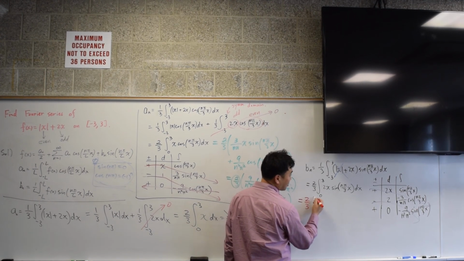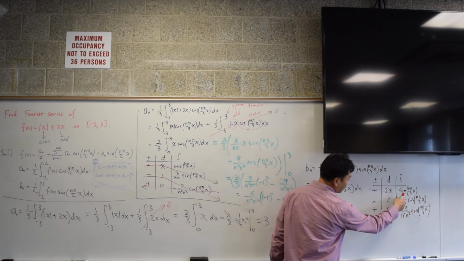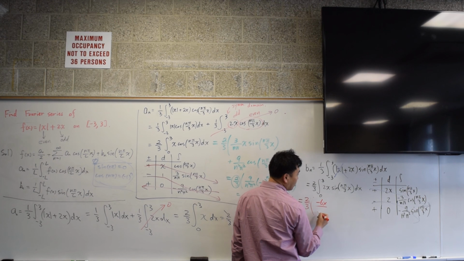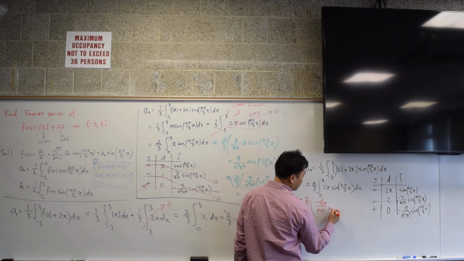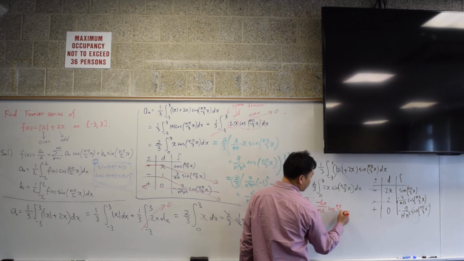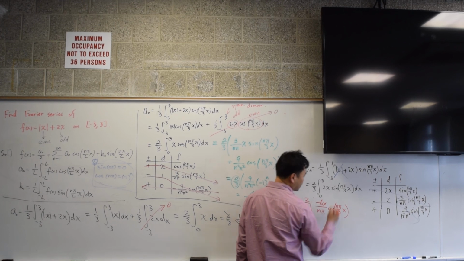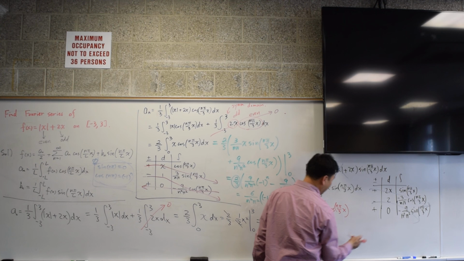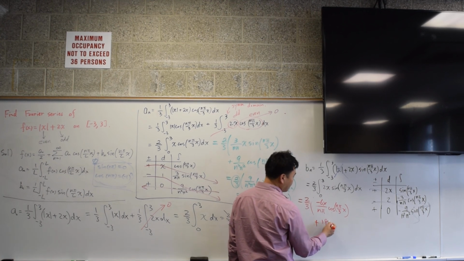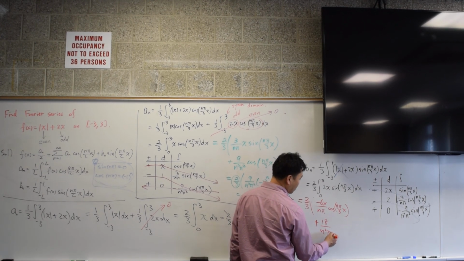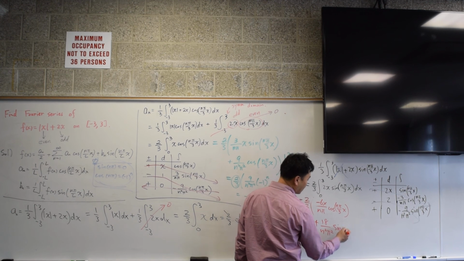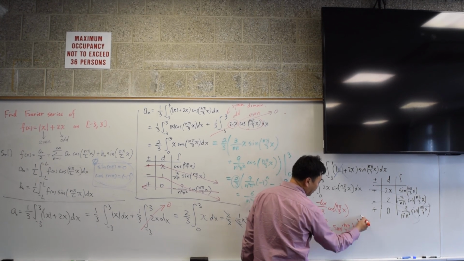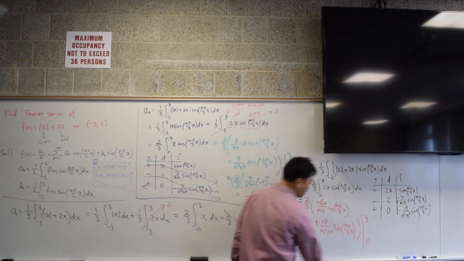2/3 is still there, but then it's 2x times negative 3, so it's negative 6x over n pi cosine n pi over 3 x. And then negative times negative is positive. 2 times 9 is 18, so it's plus 18 over n squared pi squared sine n pi over 3 x, and to this I have to plug in 3 and 0.